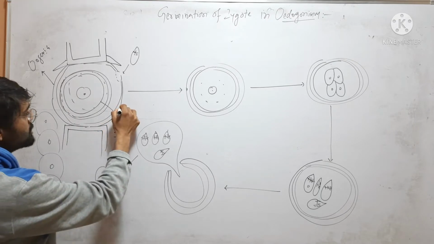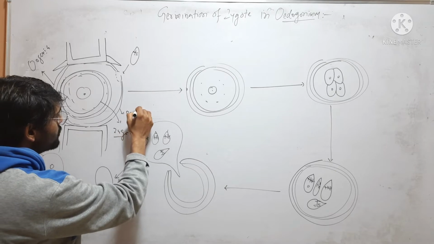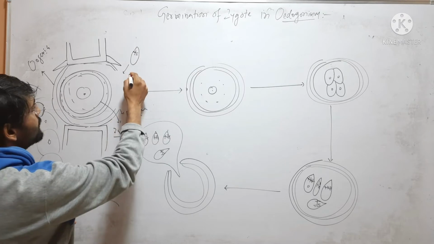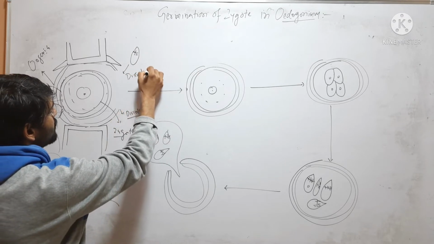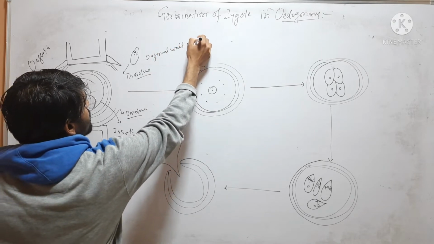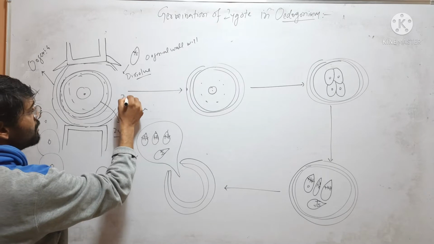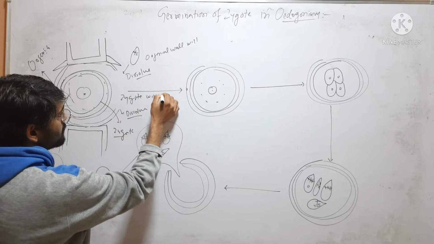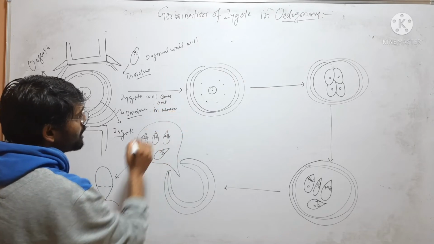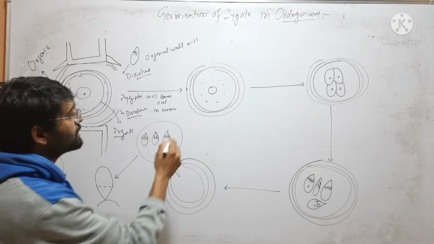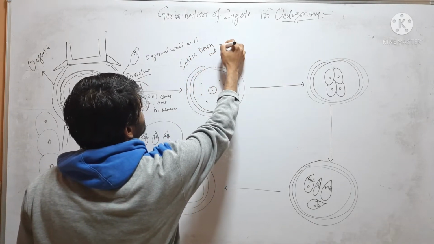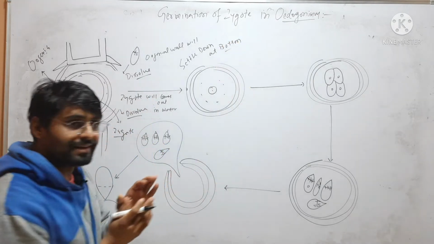Then this oogonial wall will dissolve and the zygote will come out in water. After coming out in water, it will settle down at the bottom and rest there.